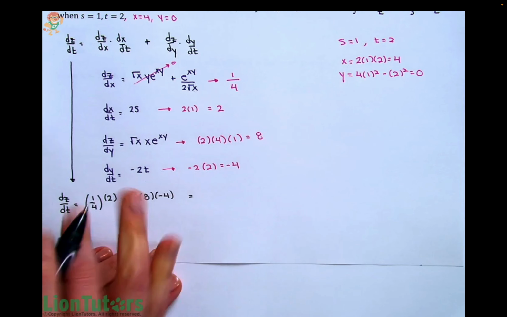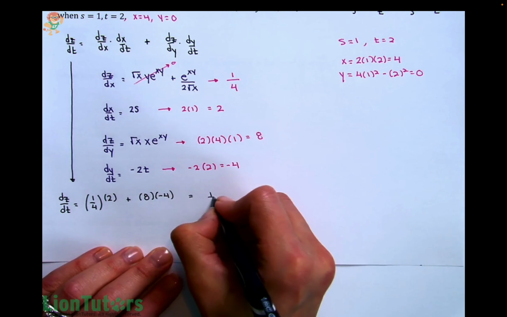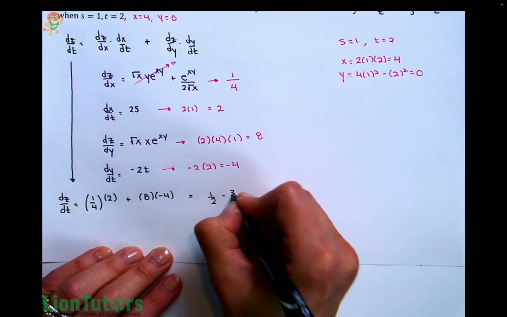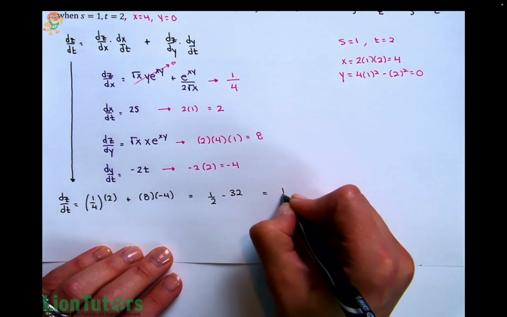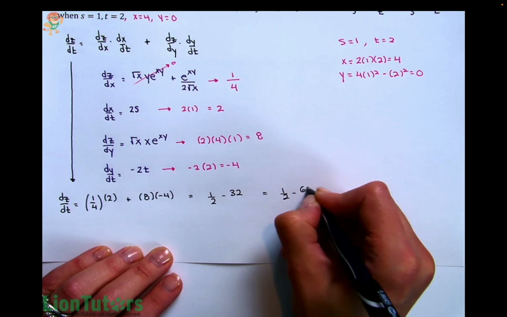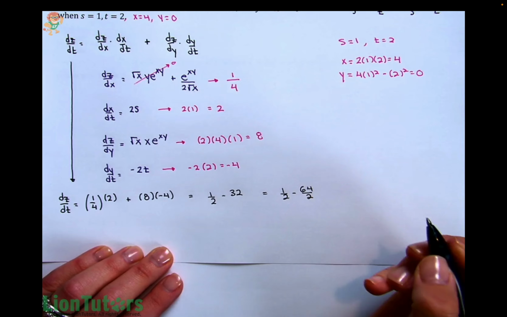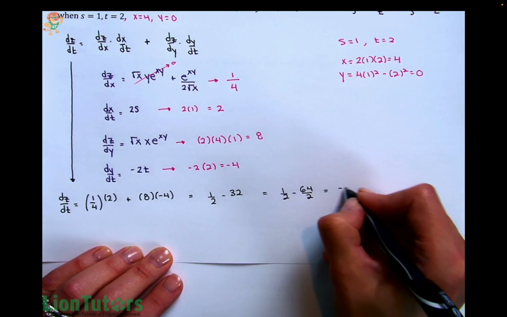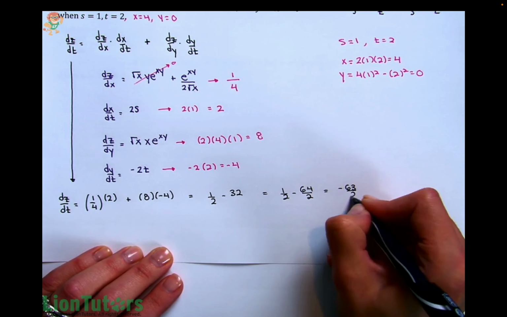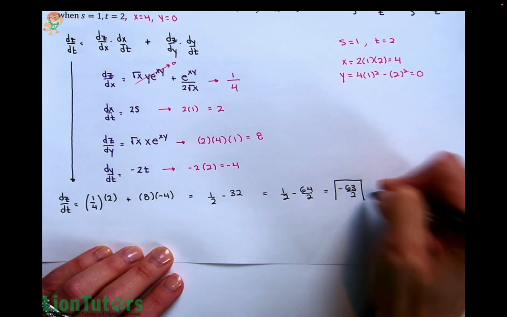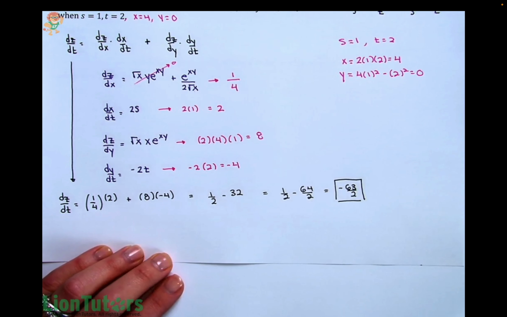So overall, 1/4 times 2 would be 1/2. 1/2 minus 32. That would be 1/2 minus 64 over 2. So 1 minus 64 would give us negative 63 over 2. Answer.